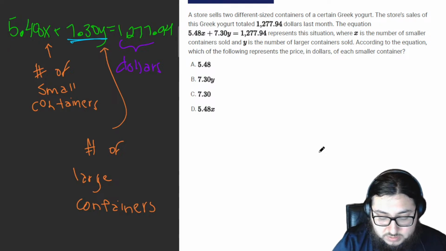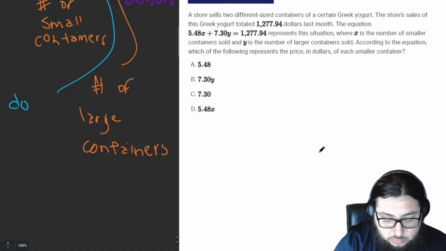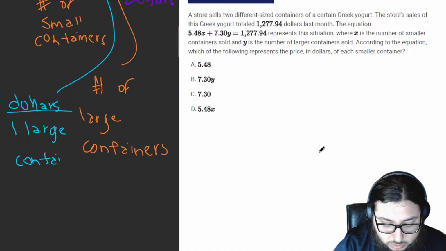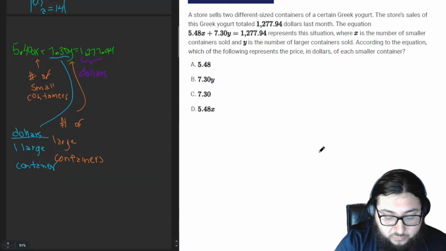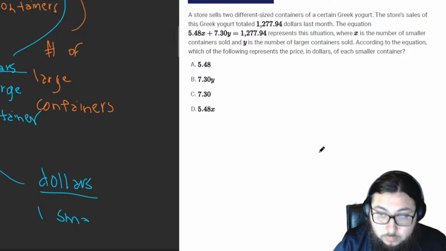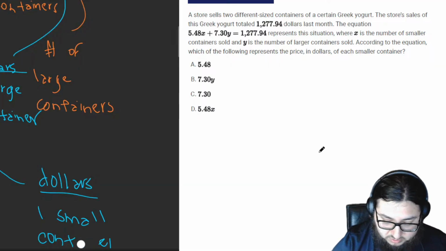So essentially what we're saying is that this 7.30 has to have units of dollars per one large container, and that this 5.48 has to have units of dollars per one small container. Oops, let's rewrite this so that it's clear what we're saying.